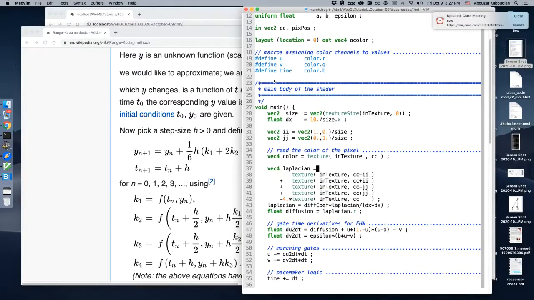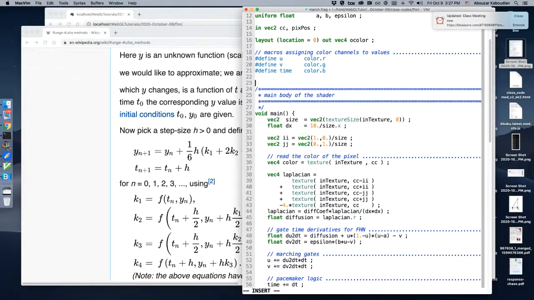I want to design a function that gets the k variables. So let's say we want to get k's. And since we have variables u and v, we want to have two outputs. So I start with a void function that gets a float of variables u and v. And I need one additional thing, as you notice.